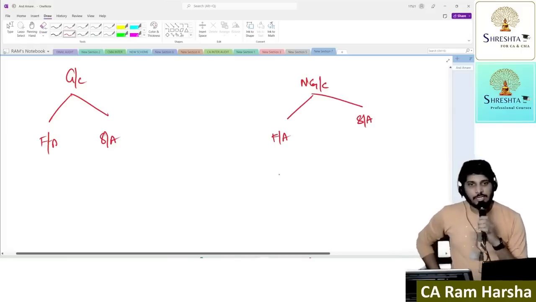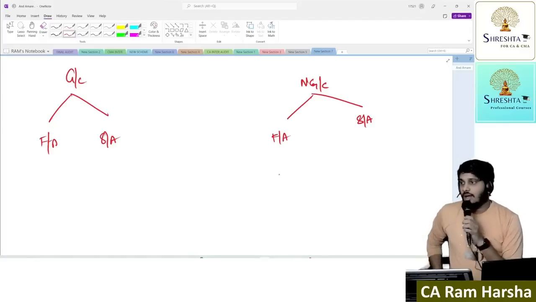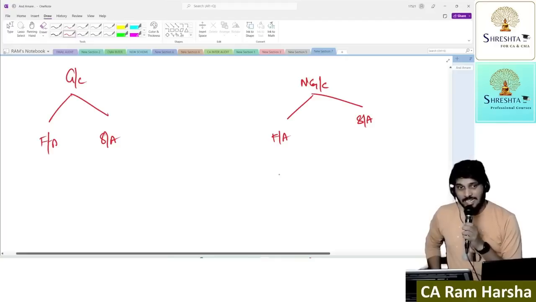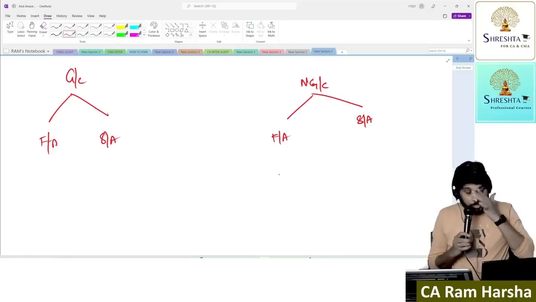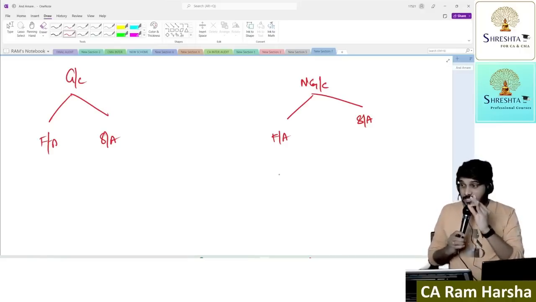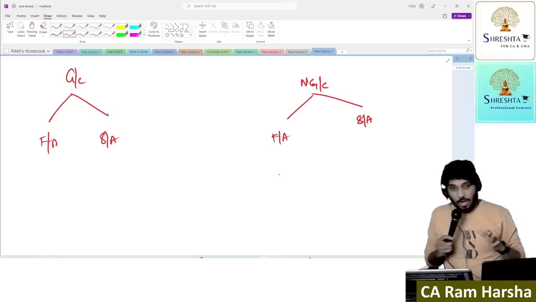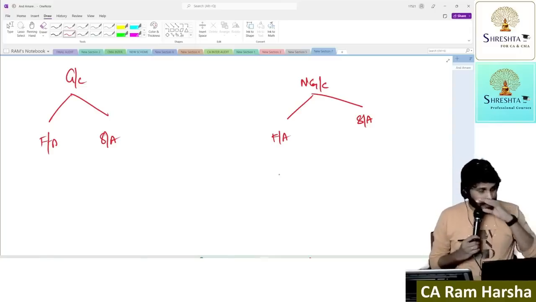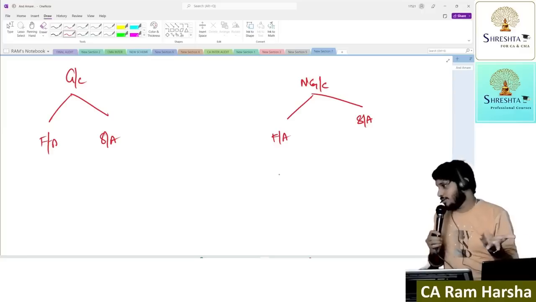Who is a first auditor? If the auditor is appointed for the first year of incorporation, that is, for conducting the audit of the first financial year, we call him the first auditor. Any other auditor is a subsequent auditor.